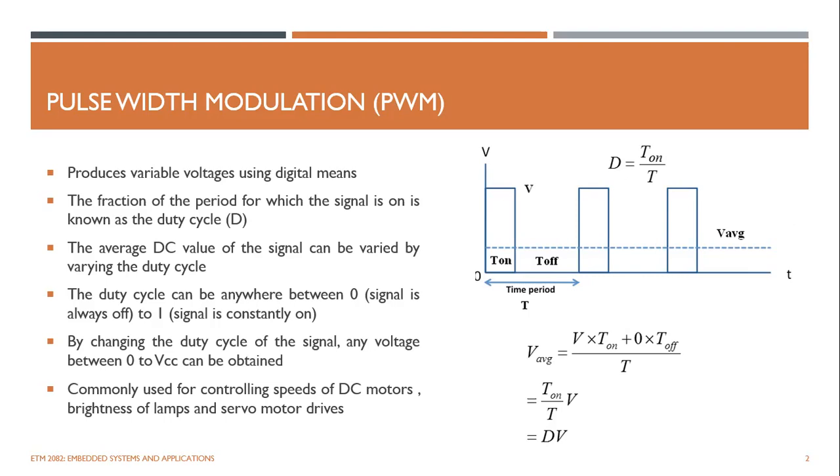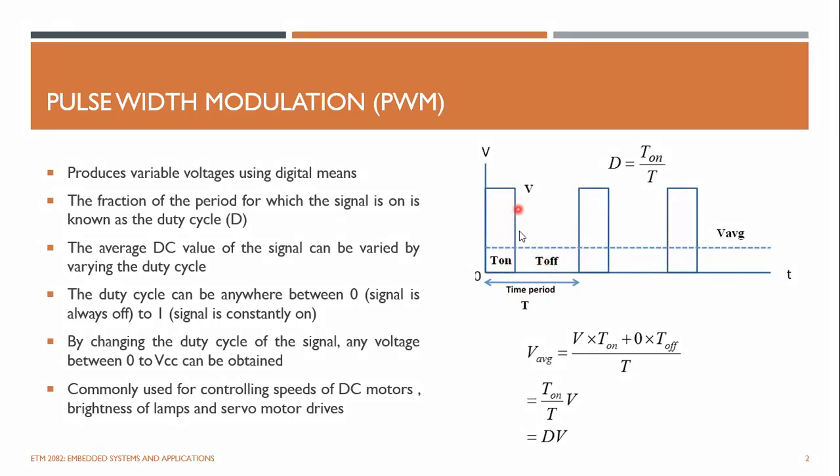This is a very simple example of that. You can see this is a square wave signal, and this is the turn on period, T on, and this is the turn off period, T off. The total time period of this waveform is capital T. So the frequency, you can calculate as 1 upon capital T. That is the frequency of this PWM signal.